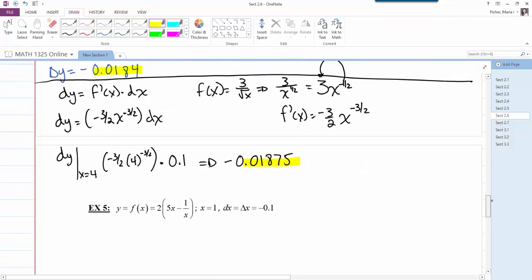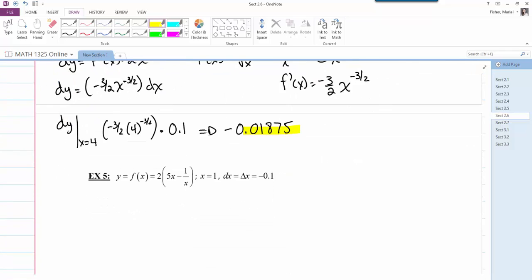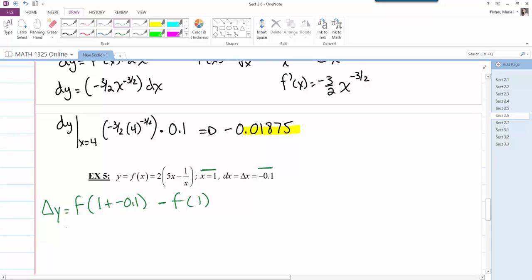We're going to do the same thing for the next problem. Let's start with delta y. So delta y is going to be f of x plus delta x, so f of 1 plus negative 0.1 minus f of 1. Well, 1 plus negative 0.1 is f of 0.9.